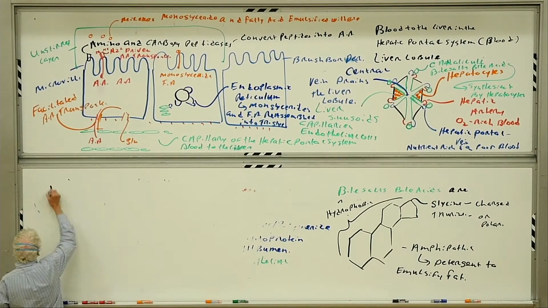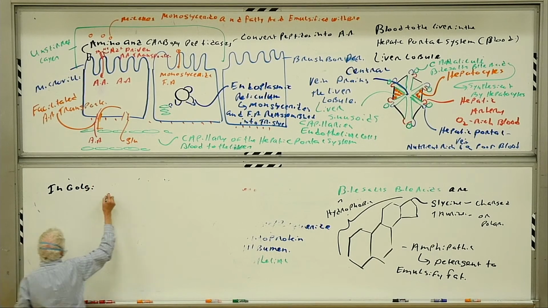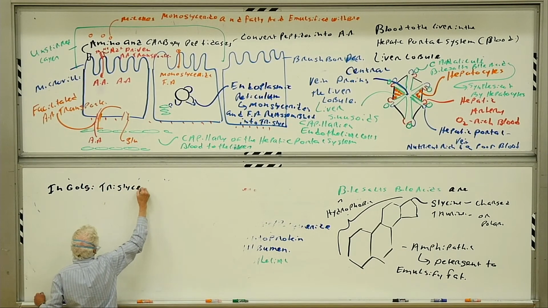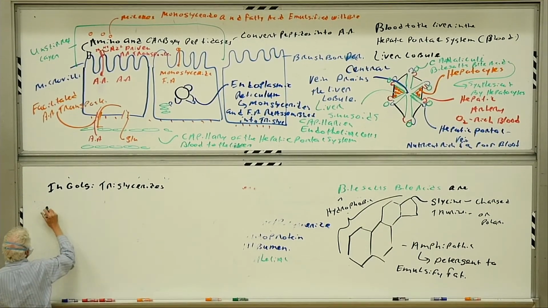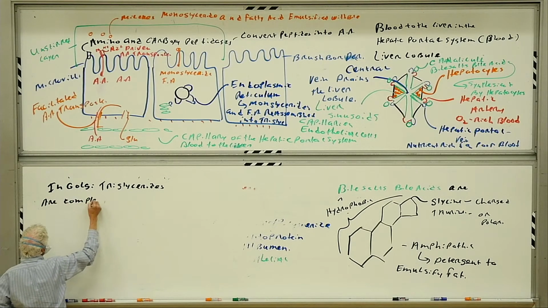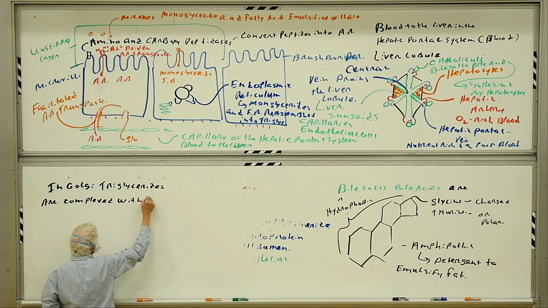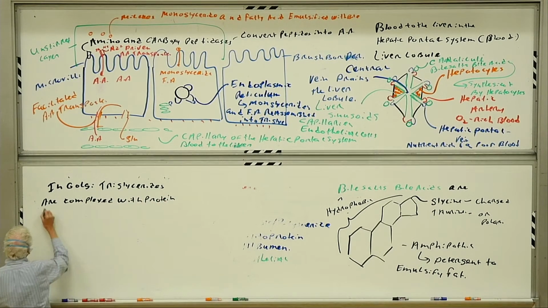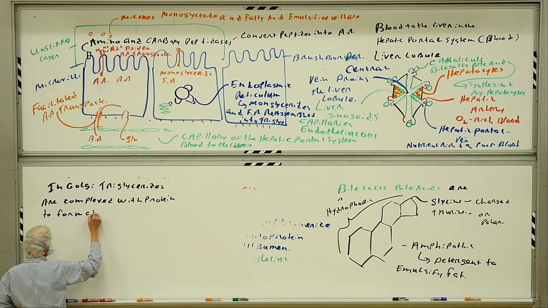In the Golgi, the triglycerides that were reassembled in the endoplasmic reticulum are complexed or mixed with protein to form chylomicrons.